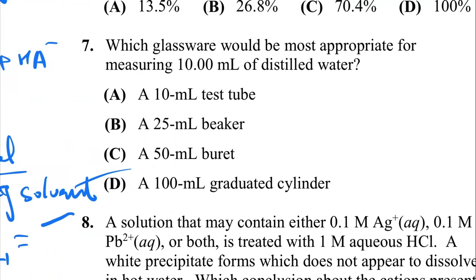Graduated cylinders. Graduated cylinder, good one. It's not the highest precision, but it's good because, for example, for a 100 milliliter graduated cylinder, I think the smallest scale is 1 milliliter, right?